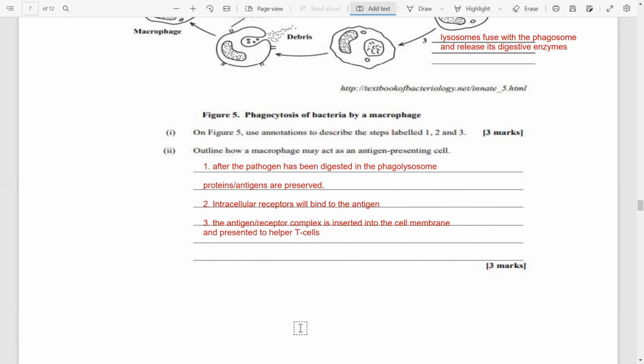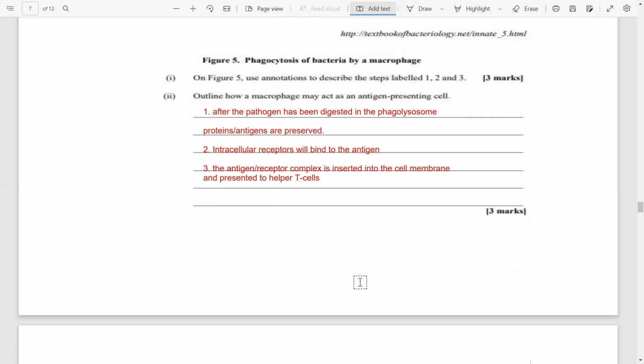All right, so that's how the macrophages are able to work as antigen presenting cells. So they try to destroy the pathogen, but they keep back remnants of it to show to the T helper cells.